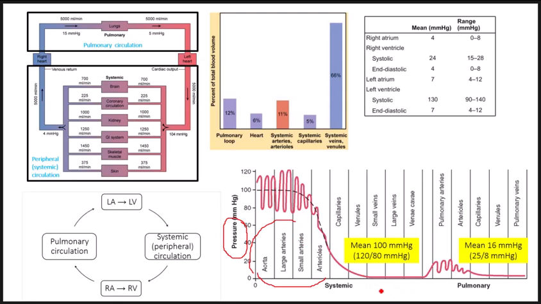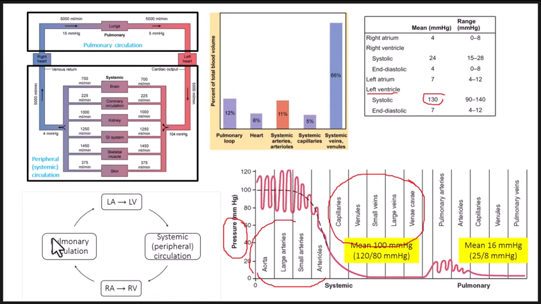And then pressure is going to drop when we get into capillaries and venules and veins. And so in order to pump blood out of the heart, it should make sense to you that that left ventricle is going to be under the highest pressure because it has to push blood out of the heart and into the systemic circulation.